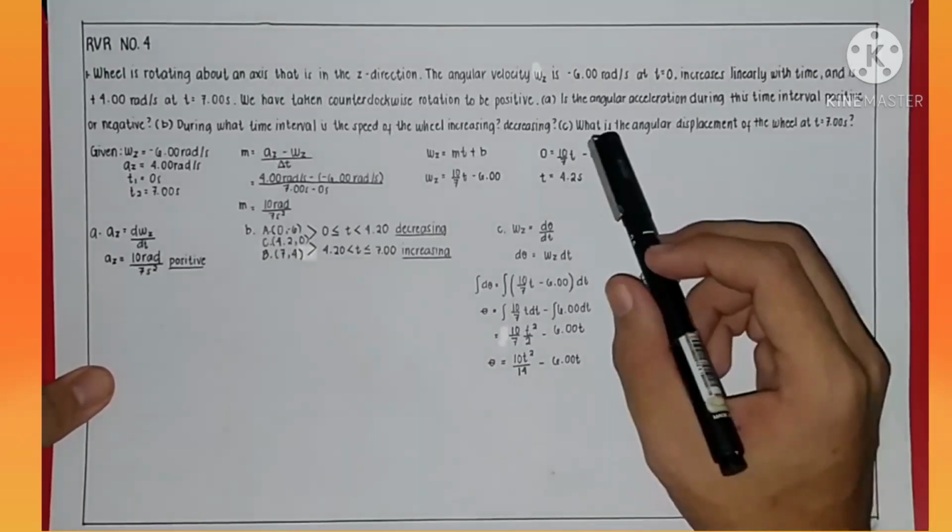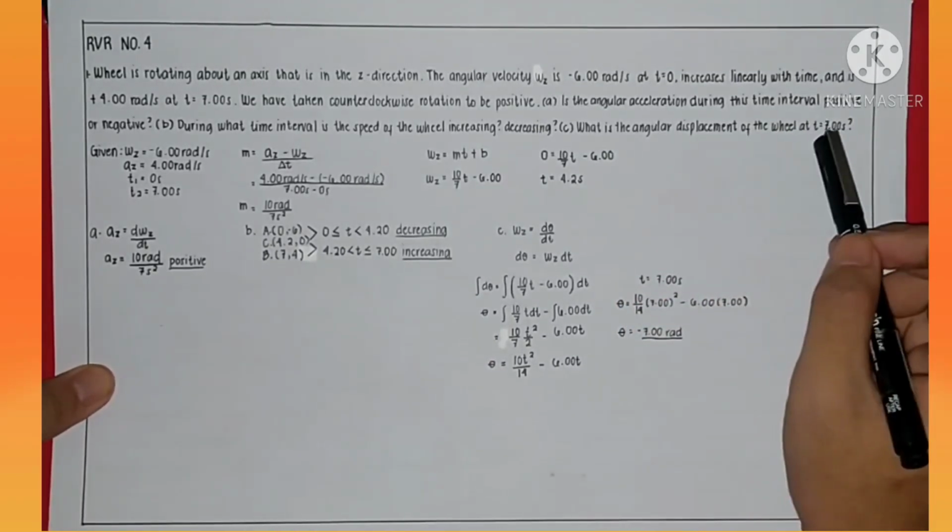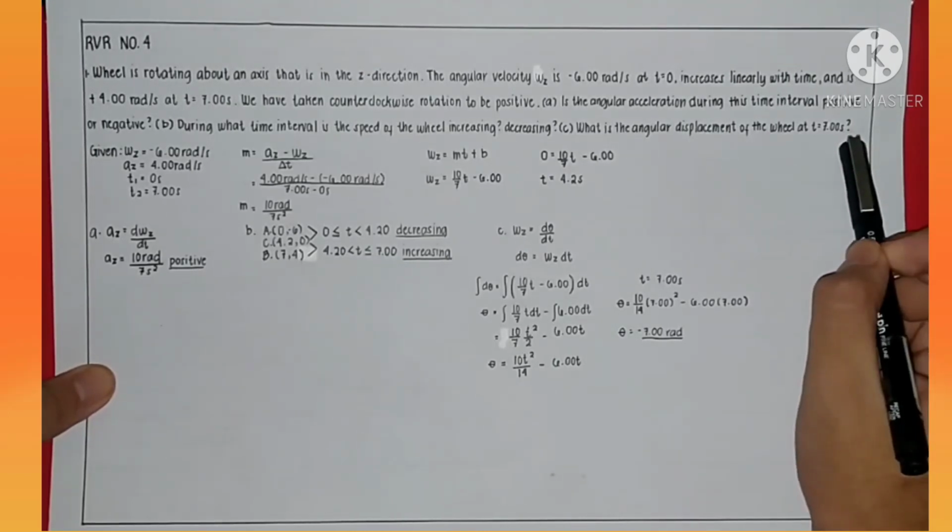For letter C, what is the angular displacement of the wheel at t equals 7.00 seconds?